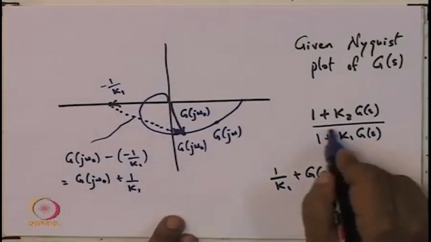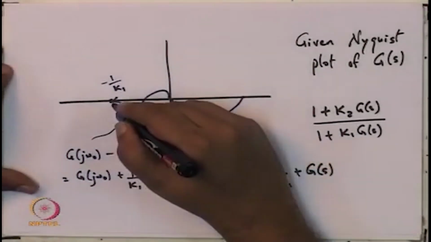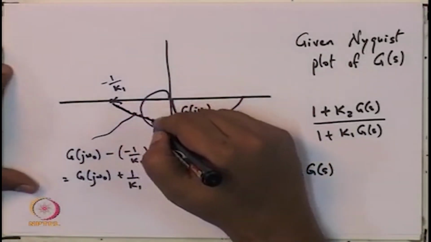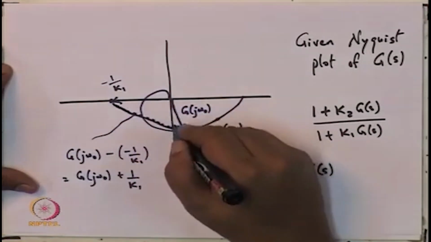So, whatever is in the denominator is obtained by looking at this particular vector.